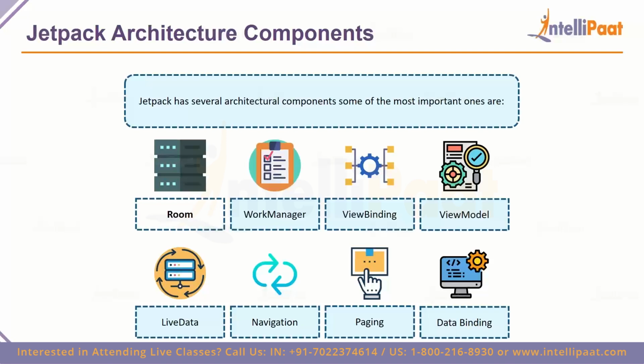So the first one is Room. Room is an ORM. ORM stands for Object Relational Mapper. As we know that for our local data sources, it is typically backed by an SQLite database. Now, SQLite is, although quite familiar for people who have worked with SQL, it's not so easy to work with when you're using Java.